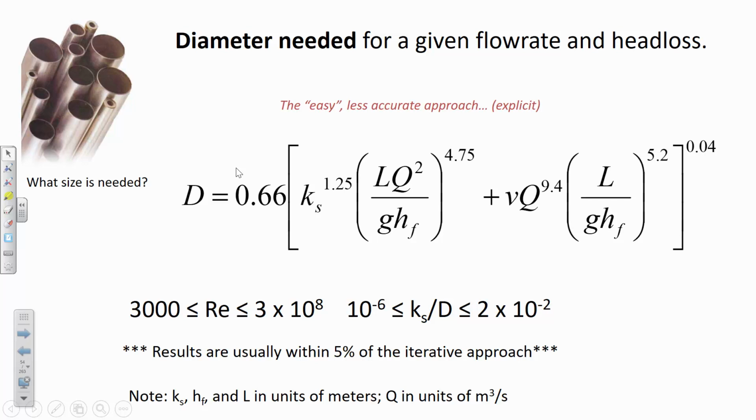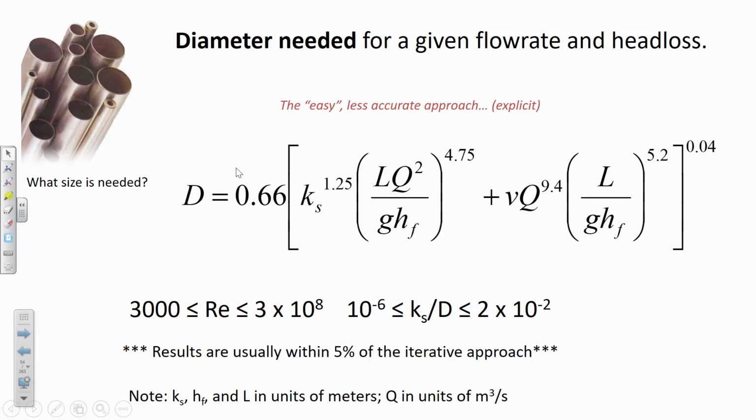So let's find out for the problem we're talking about. The Q is 0.3 cubic meters per second. The H sub F, 45 meters. The pipe length, 40 meters. And then the K sub S, 0.26 millimeters. So we've got all the data we need. And by the way, you need to express all of these in their base units.